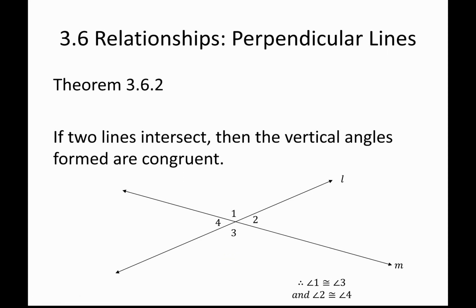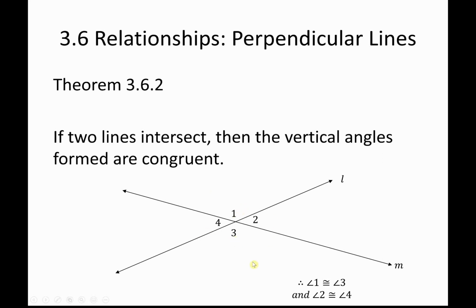At no point in that definition do they say that vertical angles are congruent. It's not until we get to this theorem, which states vertical angles are congruent with two lines intersecting. That's what you get to use as justification for saying, in this case, that either angles 1 and 3 are congruent or angles 2 and 4 are congruent.